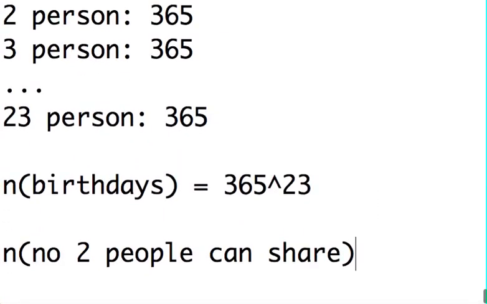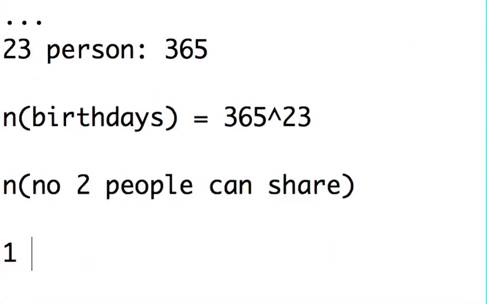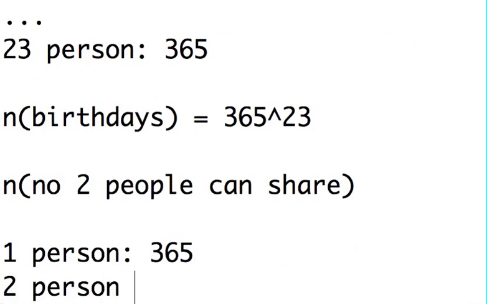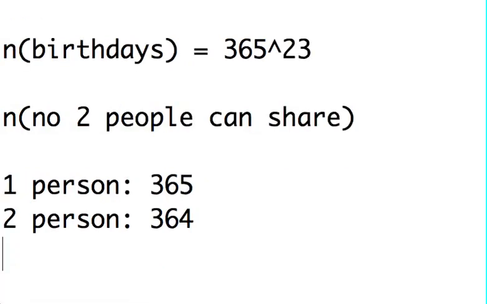Okay. But what is the number of ways that no two people can share their birthdays? Well, we can really look at this as a permutation, but let's look at it this way. The first person can have any of 365 birthdays. But once they choose their birthday, the next person can only have one of 364, because the first one's already been determined.